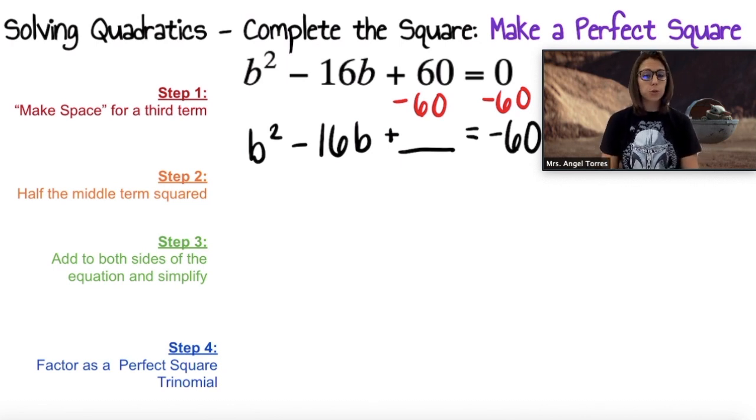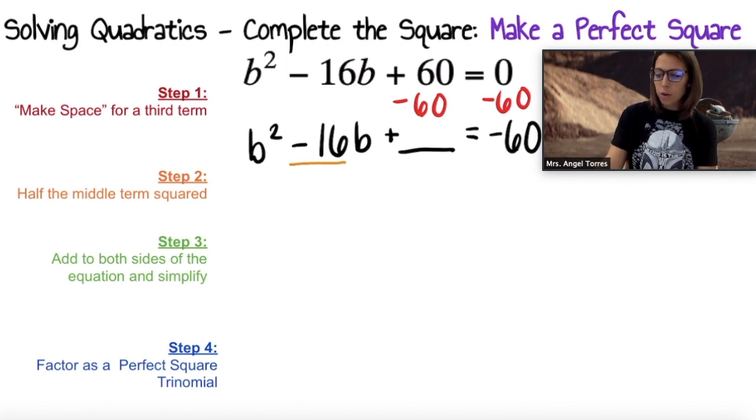That brings us to step 2. To find what that third term is, we know it has to be a perfect square. And we know that the square root of that term and the first term have to double to make the second term. So we're going to undo that math. We're going to do the opposite of doubling, which is taking the half, and the opposite of square rooting, which is squaring. Let me show you what we mean.